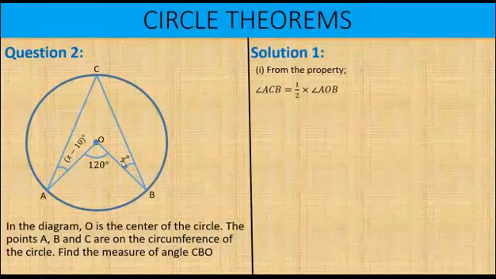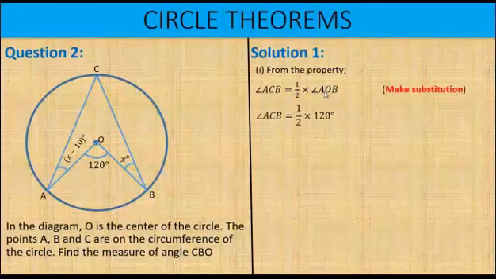From the property, we know that when we divide the angle at the center by 2, or multiply it by half, we get the angle at the circumference. So angle ACB is equal to half times angle AOB.